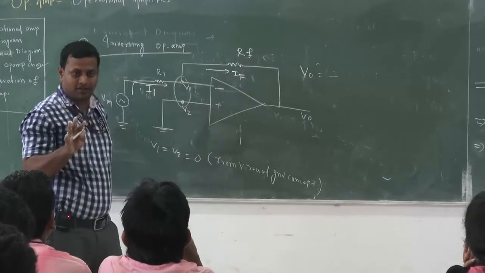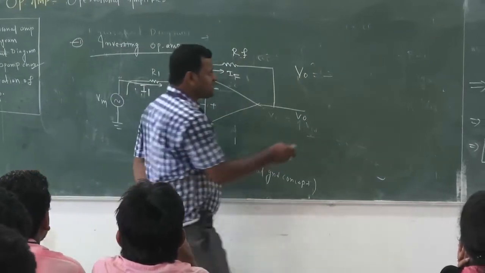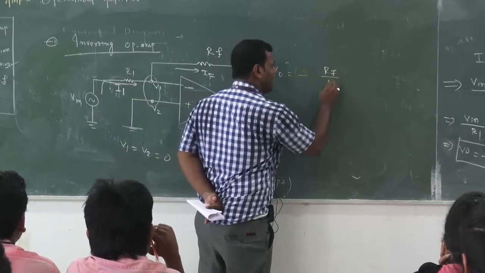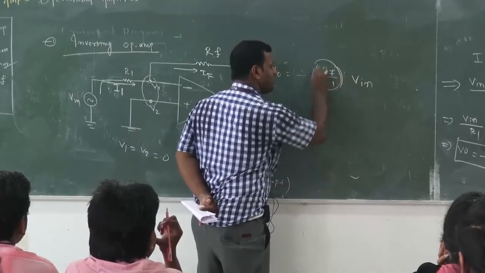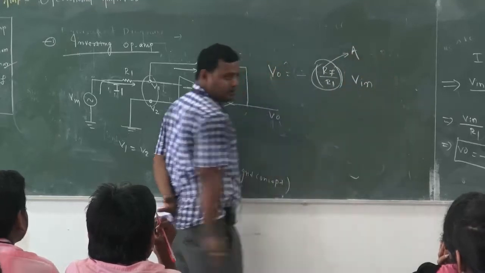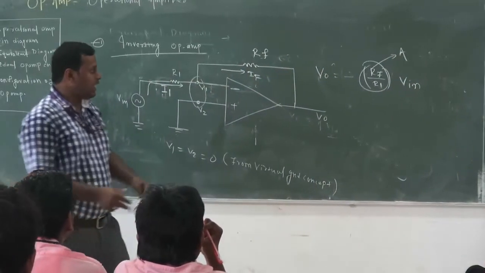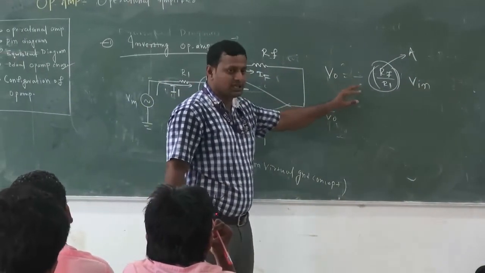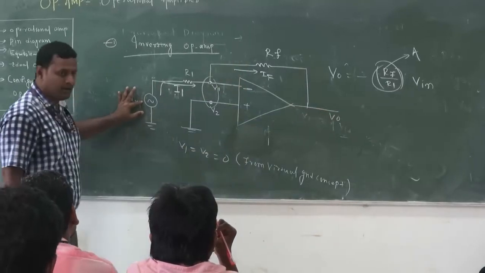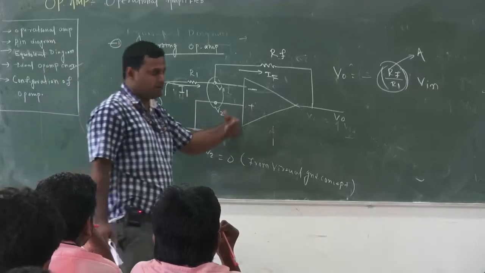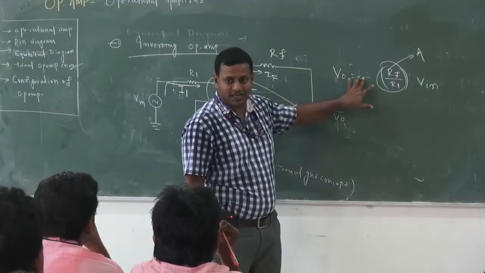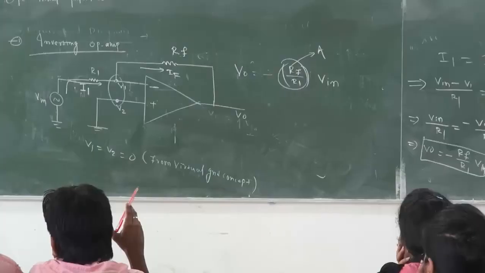A resistance value should never be a negative quantity, so the minus sign is there, and Rf by R1 is treated as the gain. I already told you, if the voltage is applied to the negative side, the output has a phase change of 180 degrees. That's why this negative sign comes into the picture.